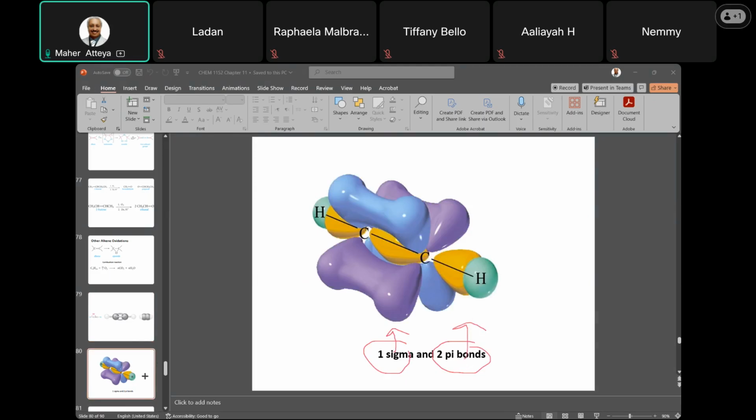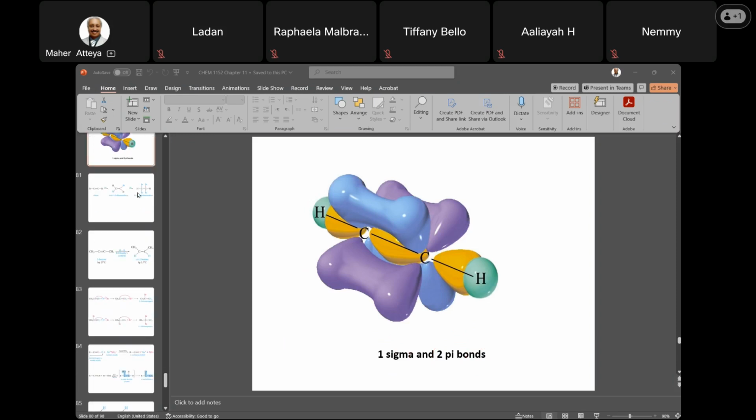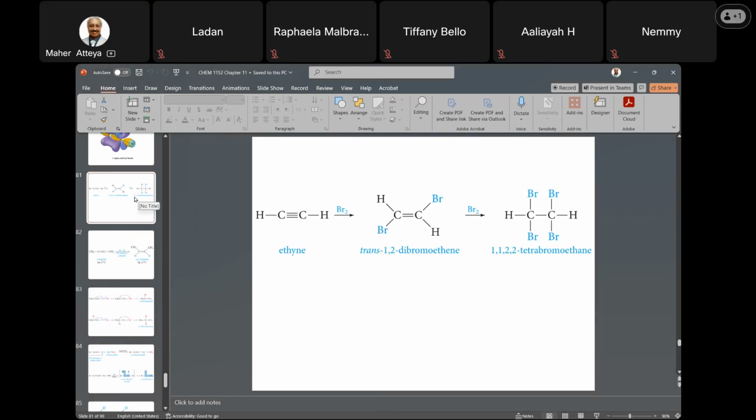So, okay, guys, we're almost there with the chapter. So let's look at this. This is how you can make a single bond from a triple bond, but all the time you have to go through the double bond.